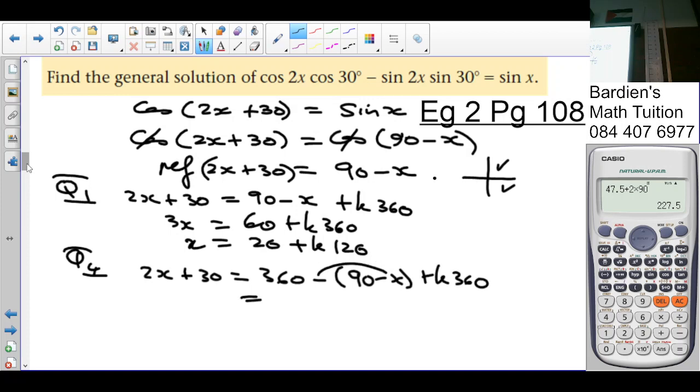So that's going to give us positive x. Take it over, it becomes negative x. So 2x minus x is x. 360 minus 90 is 270. 270 minus 30 is 240 plus k times 360, where k is an element of integers. Okay. If you had gone with a negative angle, then your answer would have been negative 120, if I'm not mistaken.